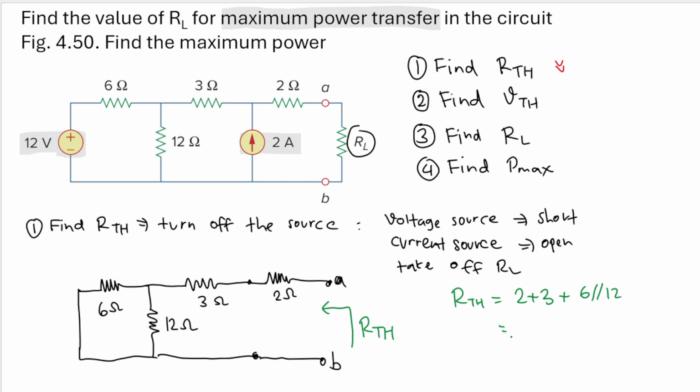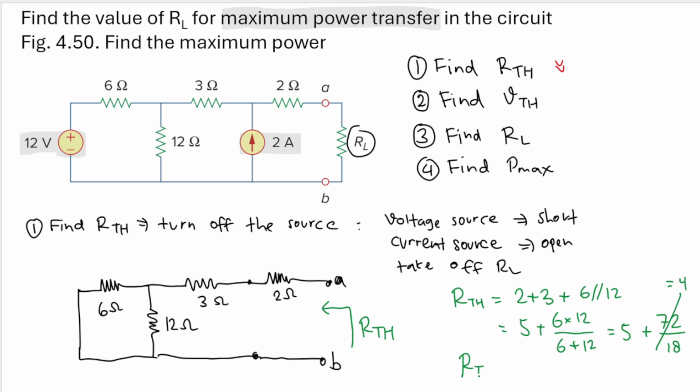Now let's simplify things. 2 plus 3 is 5, and then this will be 6 multiplied by 12 divided by 6 plus 12. That is equal to 5 plus 72 divided by 18, and 72 divided by 18 is just 4. 5 plus 4 is 9 ohm.